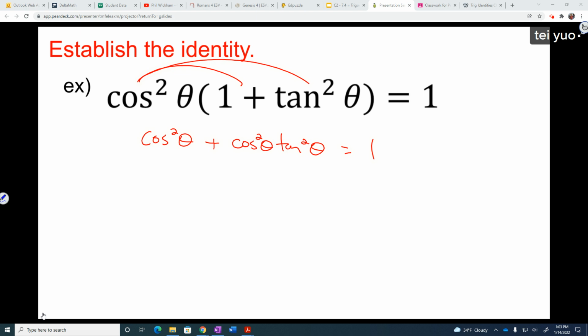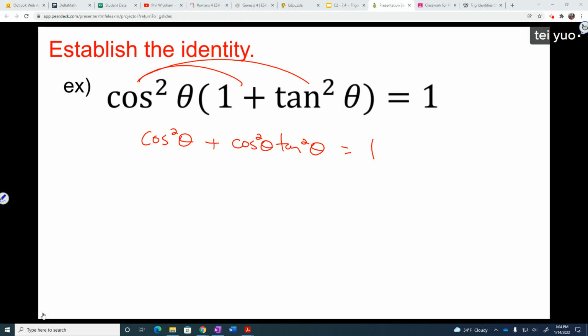All right. Now what should we do? What do you want to replace tan squared with? Good, yeah.